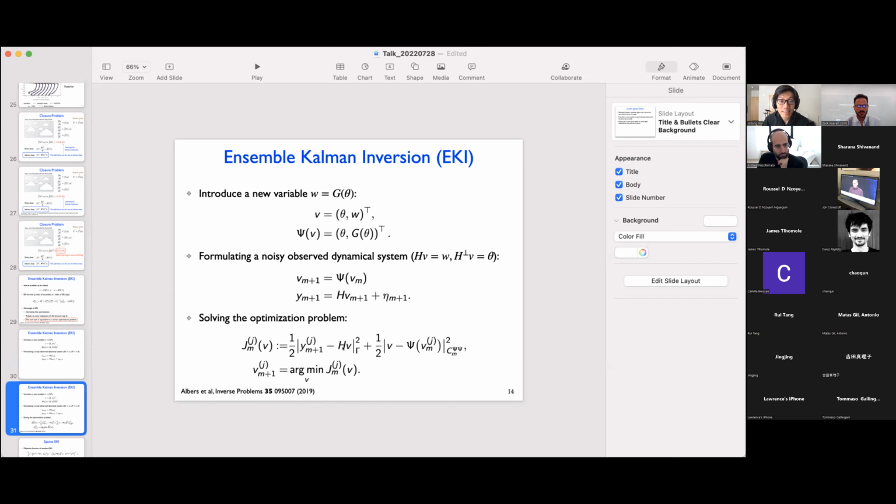As I mentioned, this link can be understood intuitively because this optimization problem generally has two objectives.